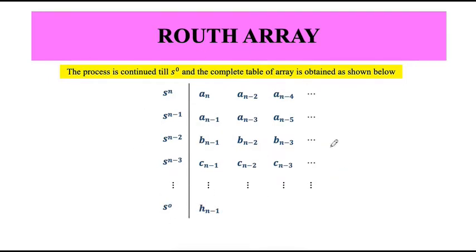And you just look at this column, you check if there is any sign change in the first column. If there is no sign change, then my system is stable. If there are sign changes, then there are roots of the characteristic equation on the right half plane. How many are there? That will depend again on the number of sign changes.